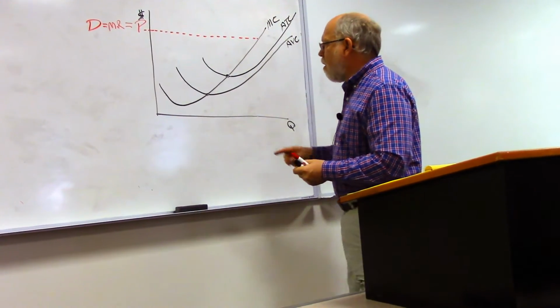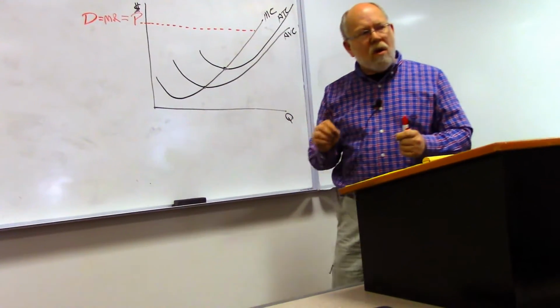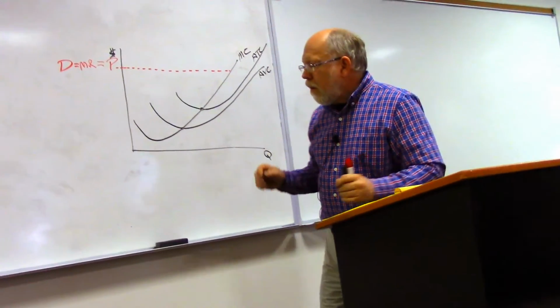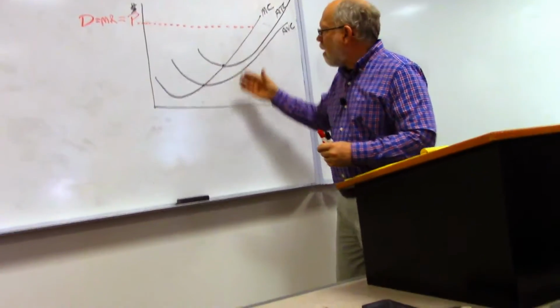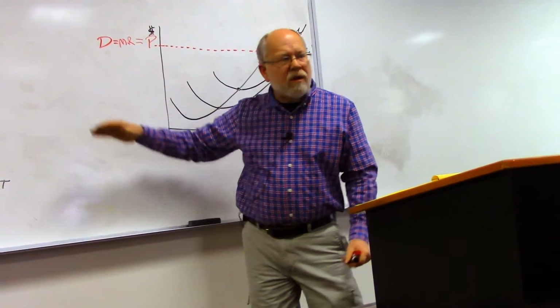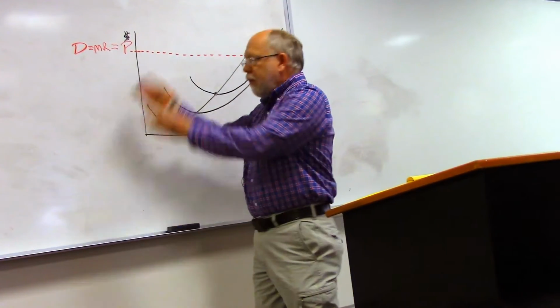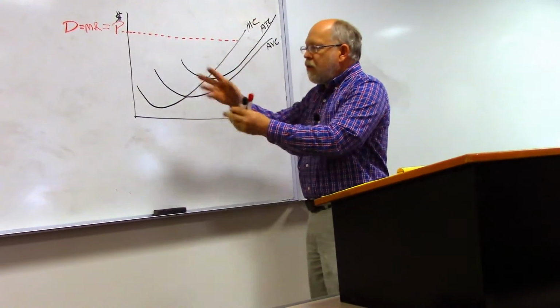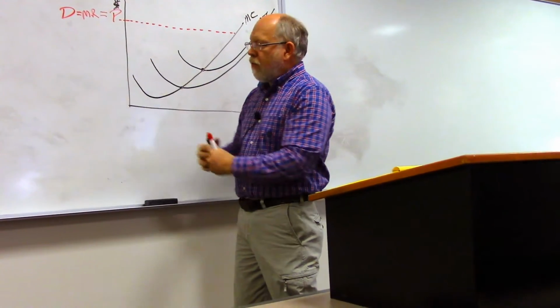They begin to exit the market at the point that they no longer have any more economic profit. The hardship of the free market is that it drives the price down to where this guy's only making $100,000. If he makes any less, he's going to jump ship and go with some other operation. He's going to get out of this particular business because he's worth more to somebody else than running his own firm.